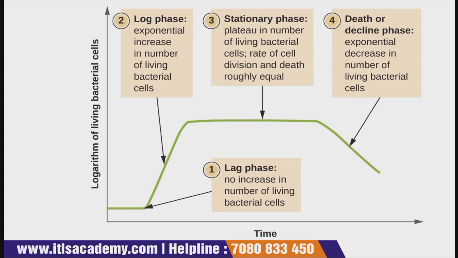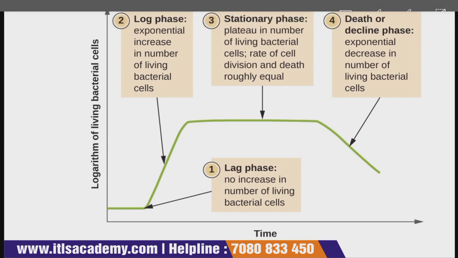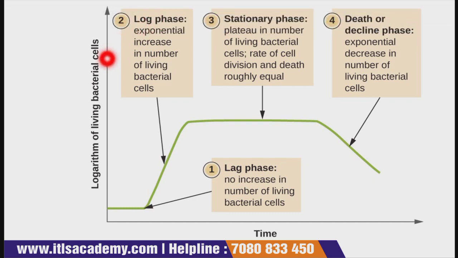So again, if we see the logarithm of living bacteria cells, the first one is the lag phase, no increase in the number of living bacteria cells, because here bacteria are utilizing all the nutrients and preparing themselves for the cell division, or you can say the growth.